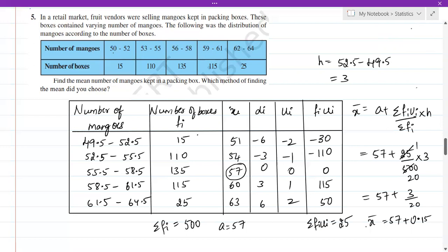So 57 plus 0.15 is 57.15. That is the number of mangoes per box.